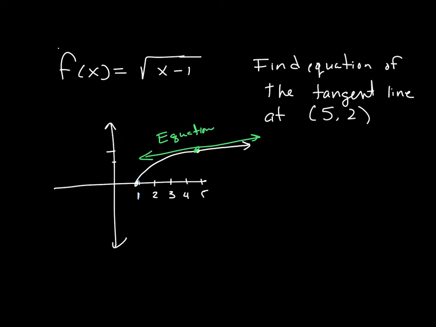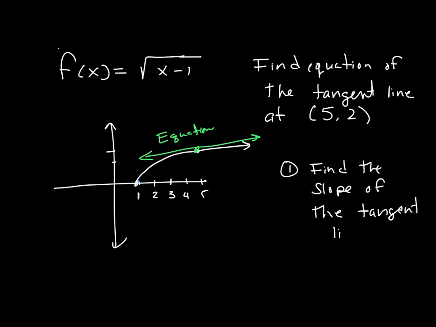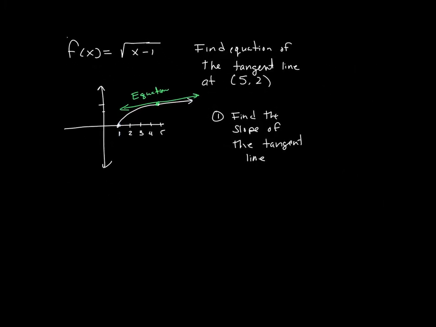Now, step 1 is to find the slope of the tangent line. And we're going to use that doing the limit process of the derivative at a given point. So let's take a look.